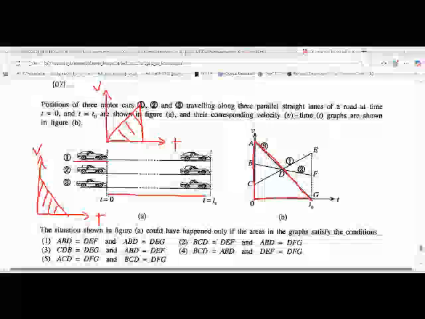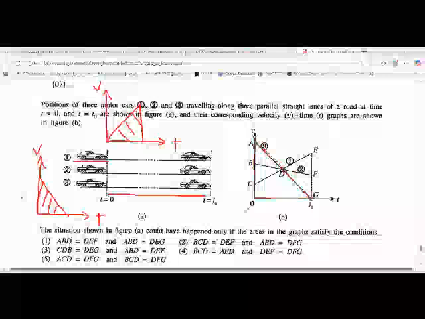I consider this point as O. It is 0, but I take it to represent these figures. Then the areas of these figures should be equal.